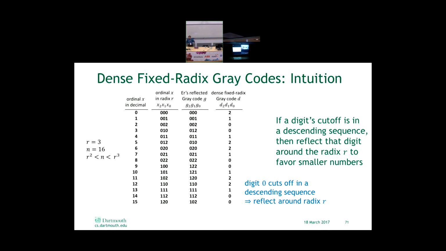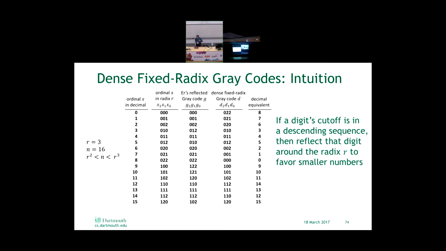All right, so let's look at how we do this digit by digit. So again, we'll look at Ayer's gray code, and we'll call those digits g_{k-1} down to g_0. We're going to form a dense gray code, so we'll call that d_{k-1} down to d_0. So the formula is really just look at the gray code and ask where was the cutoff, right?